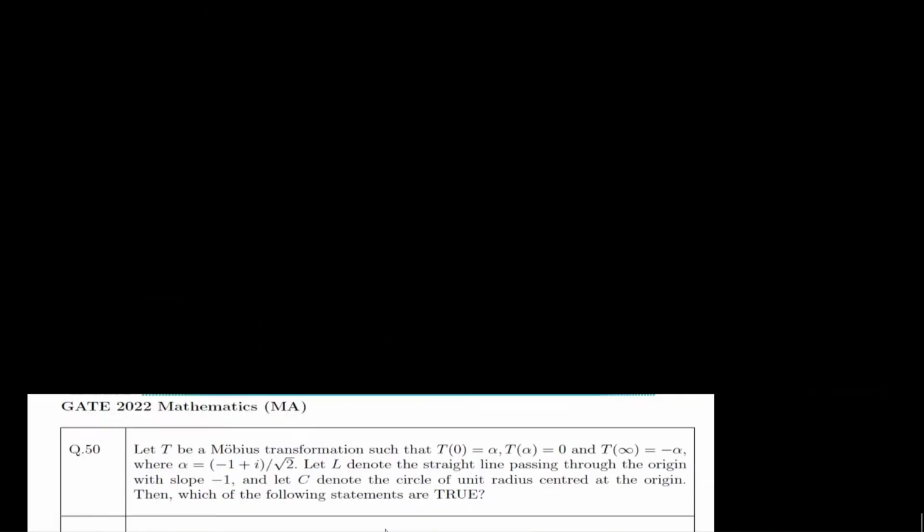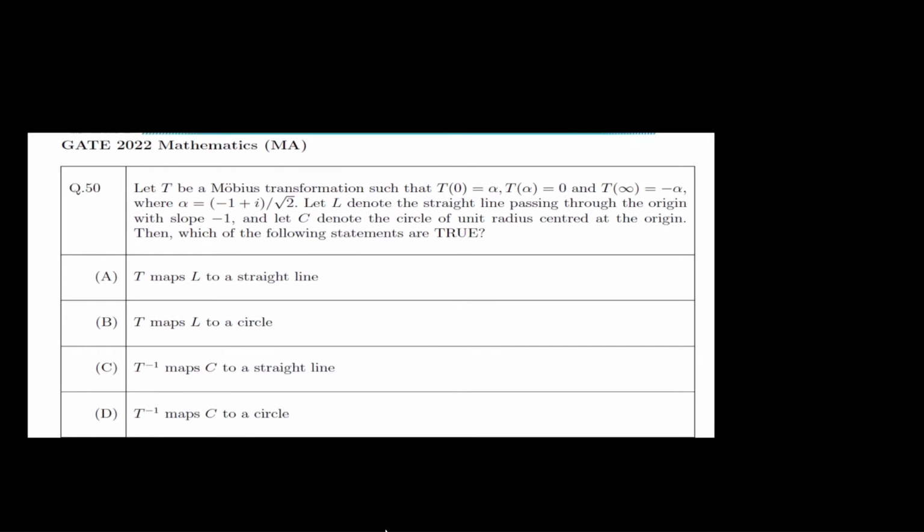Now go to the next and last question. This is a great question with big calculation. The question says that let T be a Mobius transformation such that T(0) equal to alpha, T(alpha) equal to 0 and T(infinity) equal to minus alpha, where alpha equal to (minus 1 plus i) by root 2.